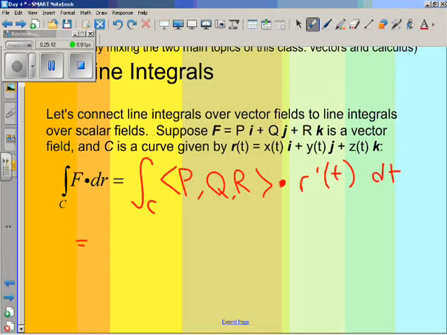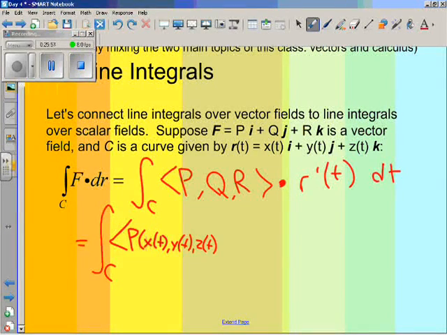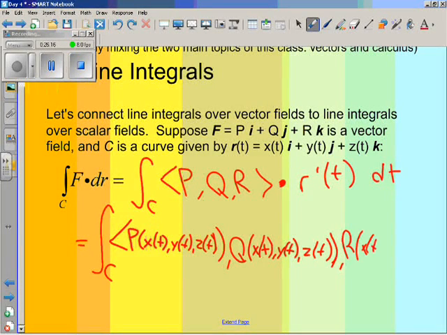Okay, and so when we expand this out a little more, we have P of x of t, y of t, z of t, comma, Q of x of t, y of t, z of t, comma, R of x of t, y of t, z of t, and that's going to be dotted with r prime of t, because r of t is x of t, y of t, z of t.